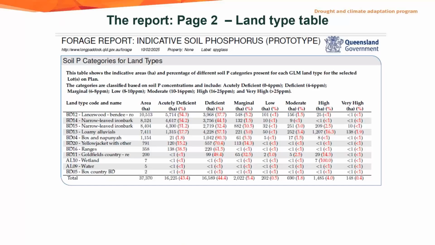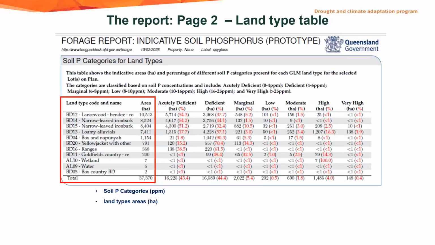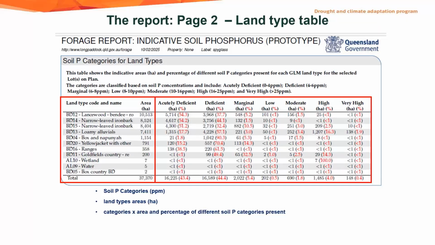Page 2, and for those that want to get right into the details of the data, we've got the soil P categories for the land types. So this will give you the values again for the 7 categories. Then we'll break that up into the land types, so you know exactly those land types by area, from highest to lowest, with a total down the bottom. You then go across to all the different categories. We'll list them by hectare, by the land types, and the percentages.